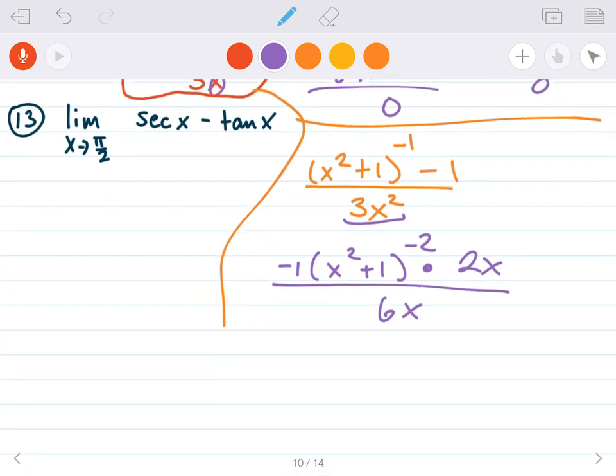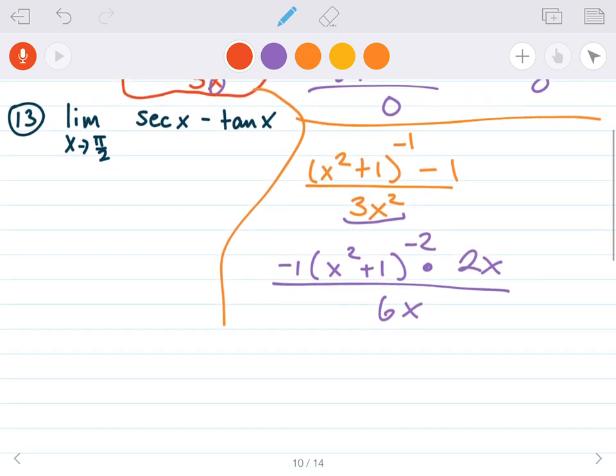Now I'm going to simplify as much as I can before I put my 0 in for x. The first thing I notice is that these x's can be divided out. 2 goes into itself once, it goes into 6 3 times. And so what this really becomes is negative 1/3 times, well, maybe we can write it like this. This, to the negative 2, we can stick in the denominator and make the exponent positive.